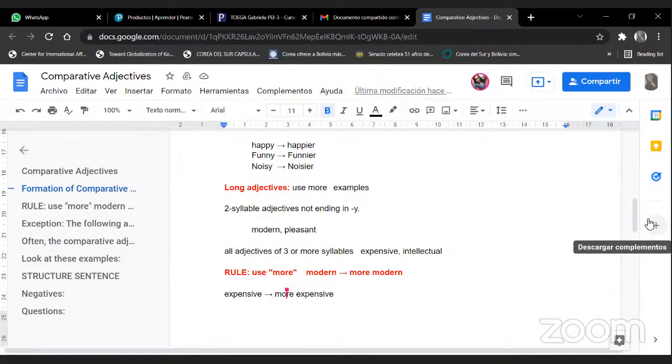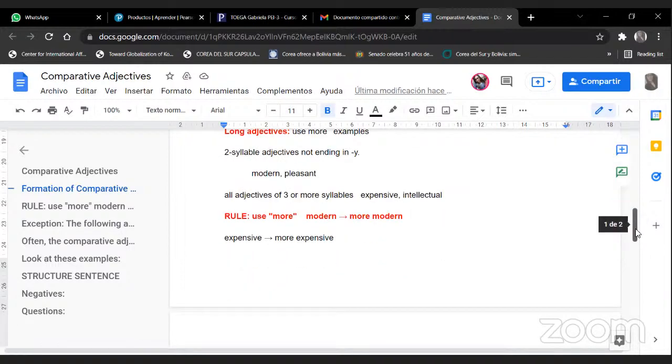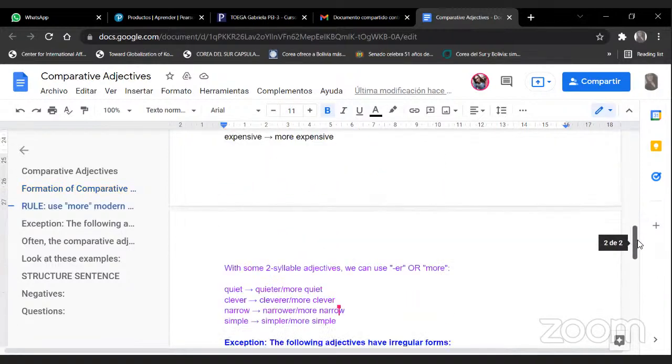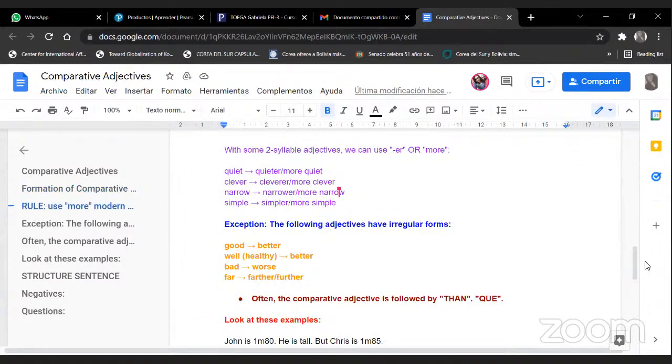So what happens below, where we have the purple color? We have some adjectives that are like special adjectives: quiet, clever, narrow, or simple.